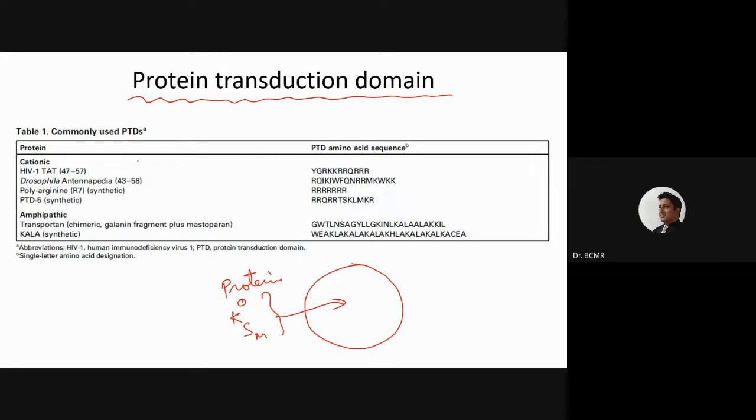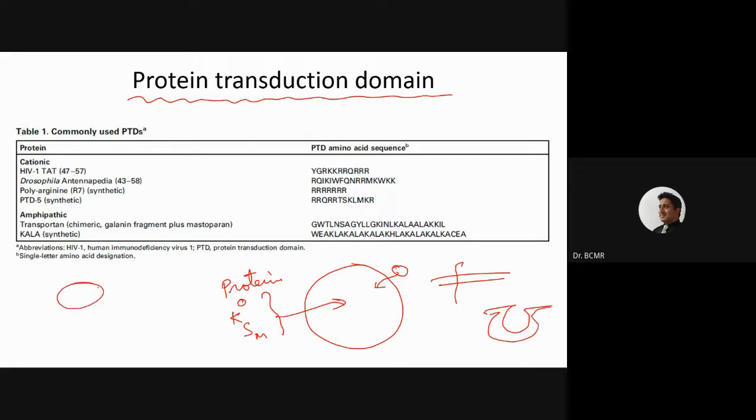Some of the viral proteins are present, which are referred to as protein transduction domains. That means they are proteins and they can move into the cell. As we will see in the next slide, they can cross over the cell membrane, or sometimes they may form the endosomes, and then the cargo can be delivered there.